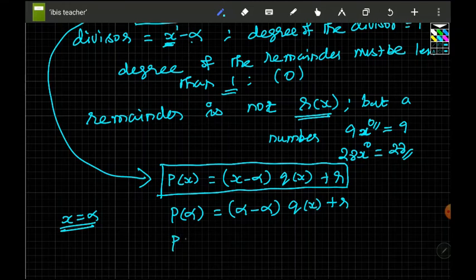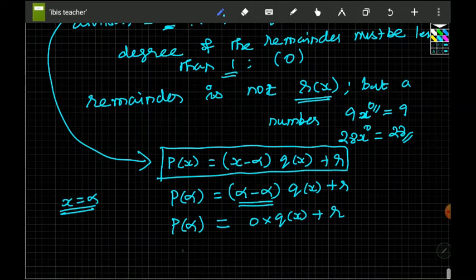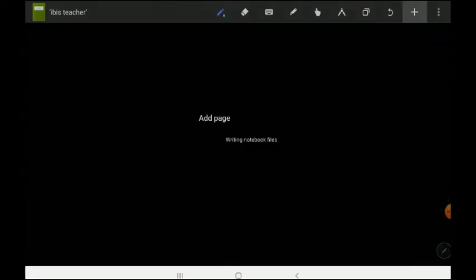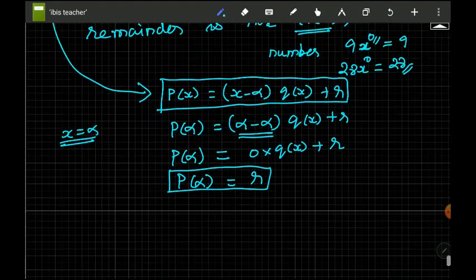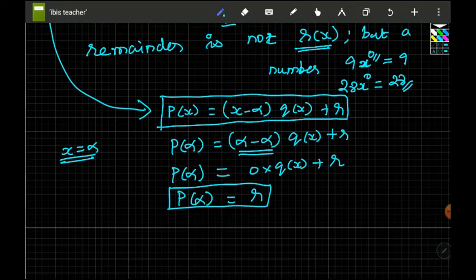Then p of alpha is equal to 0 into q of x plus r, since alpha minus alpha is 0. 0 into q of x becomes 0, plus r. Then p of alpha is equal to the remainder. So this is what the remainder theorem states: when a polynomial is divided by x minus alpha, then the remainder is p of alpha.